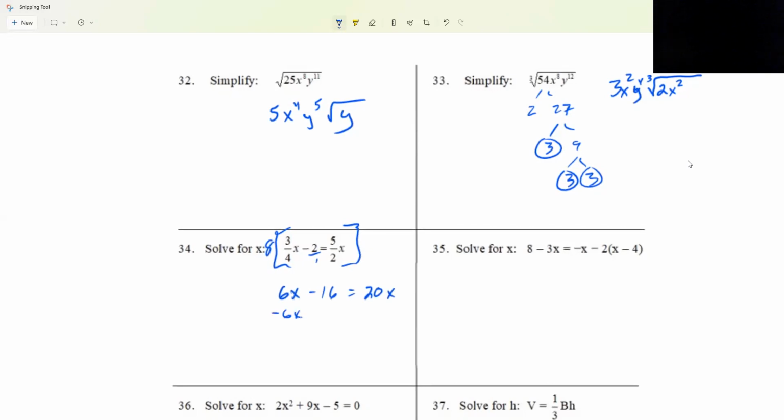Let's subtract 6x from both sides. Negative 16 is equal to, what's that going to be, 14? Let's divide both sides by 14. And that's going to give us x is equal to, now I'm just going to reduce this down to negative 8.